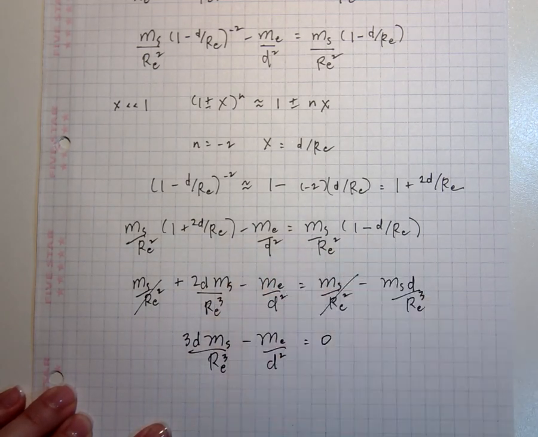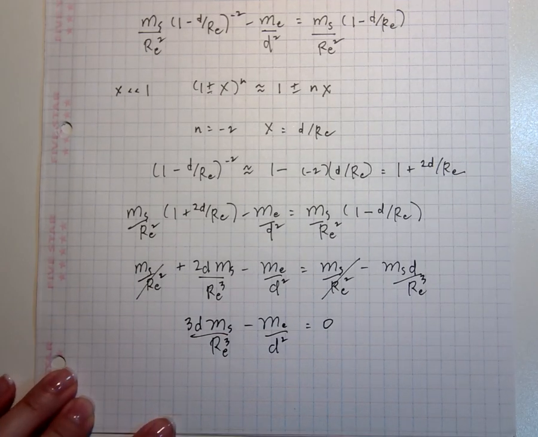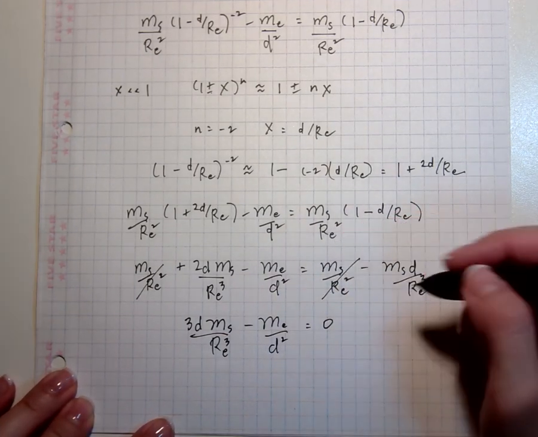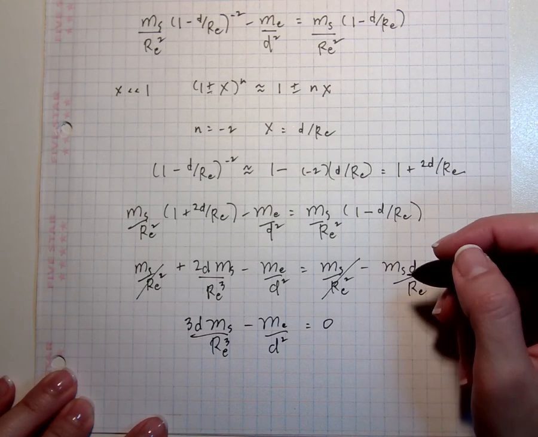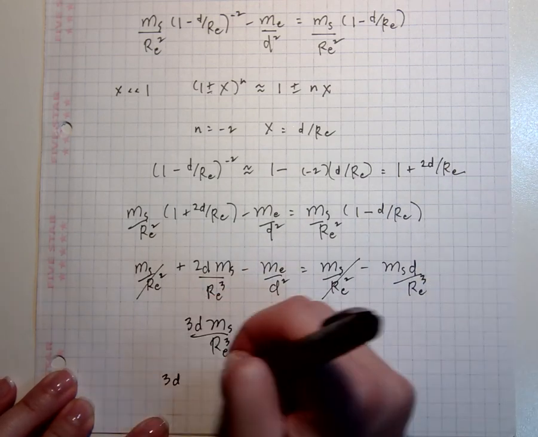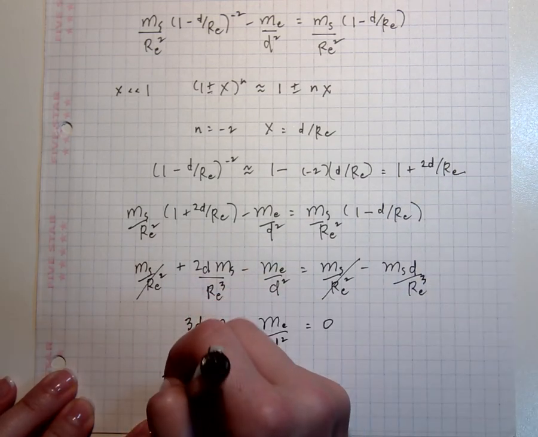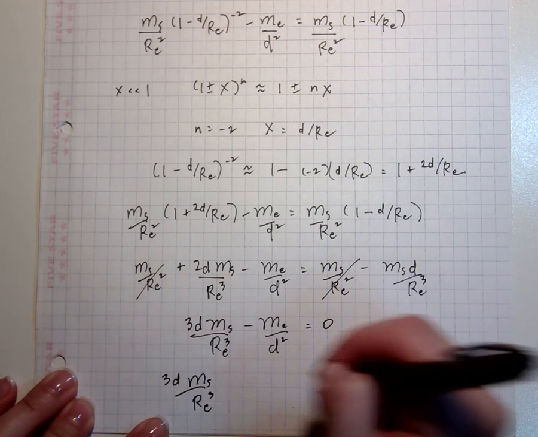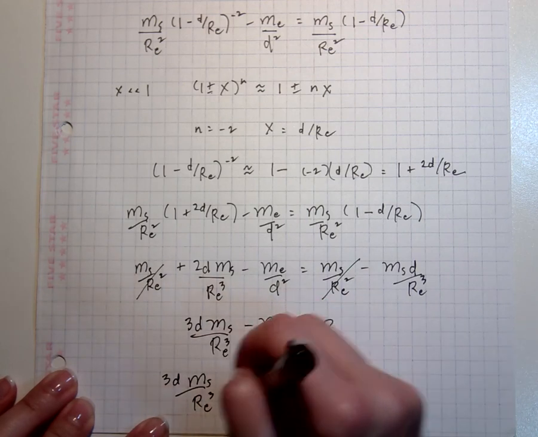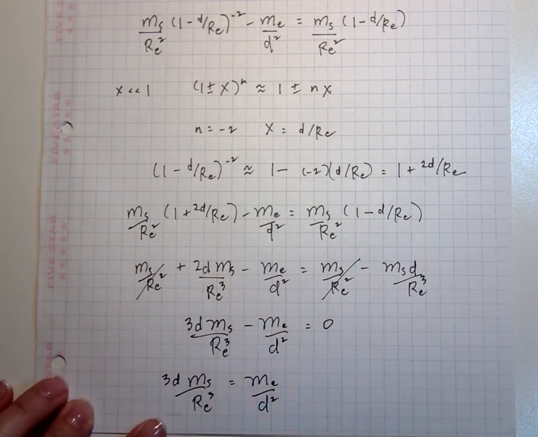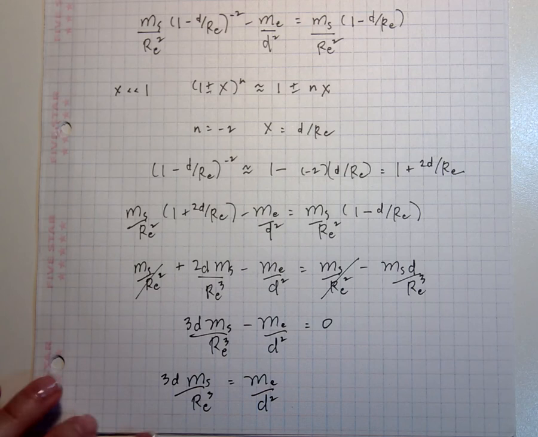That's equal to 0. So now those two terms, we set them equal and solve for what we're looking for originally, which is d. So we have 3d times the mass of the sun over r sub e cubed equals the mass of the Earth over d squared. So let's see.